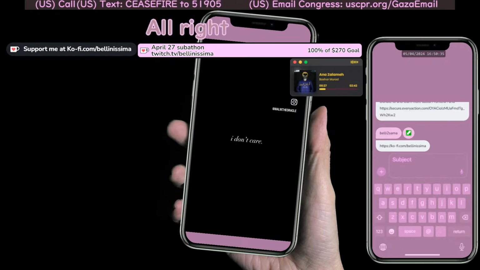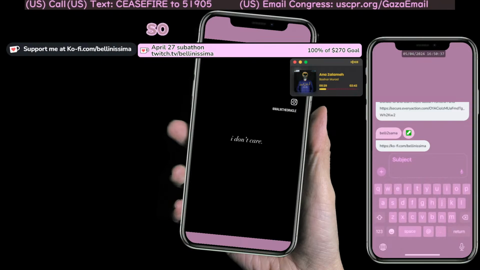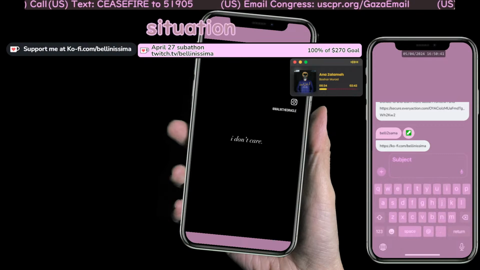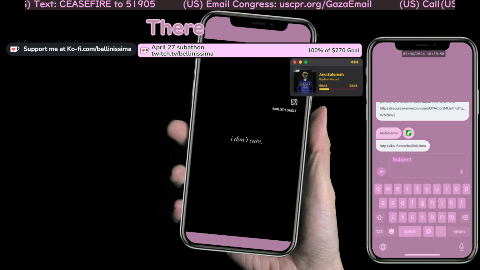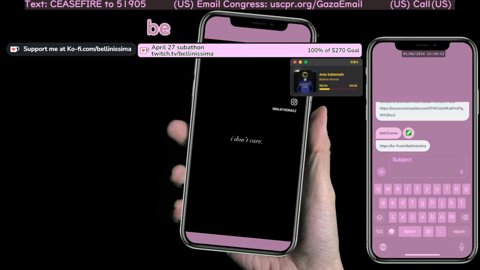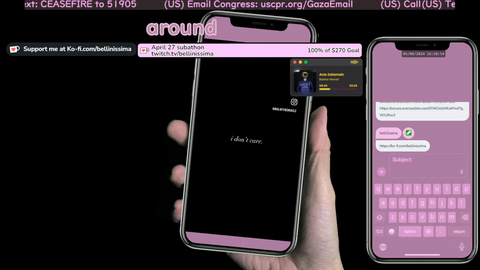All right, I'm gonna move all these together so when I do need to move them, they're gonna move as one situation. There. That way it'll be easier to move them around or whatever.